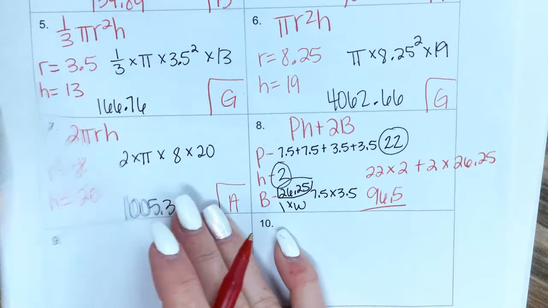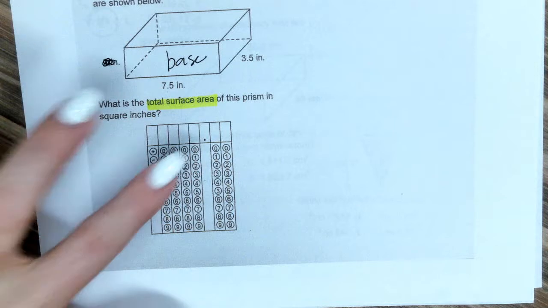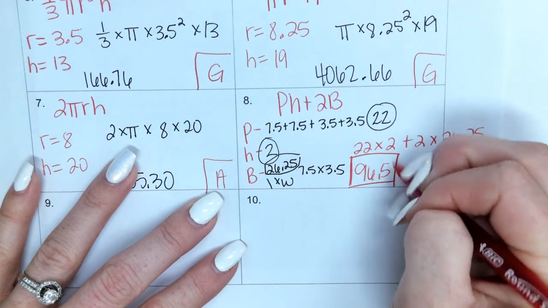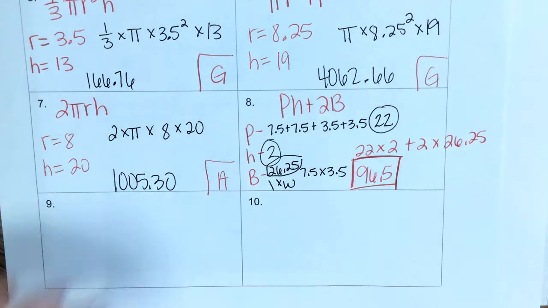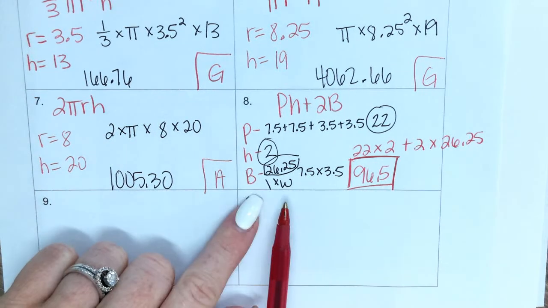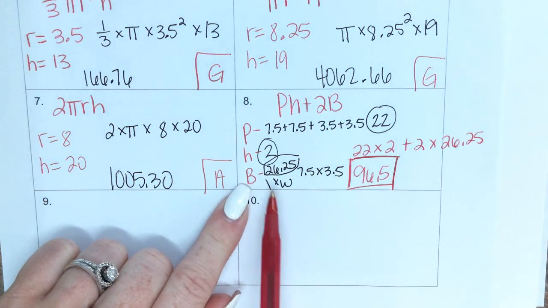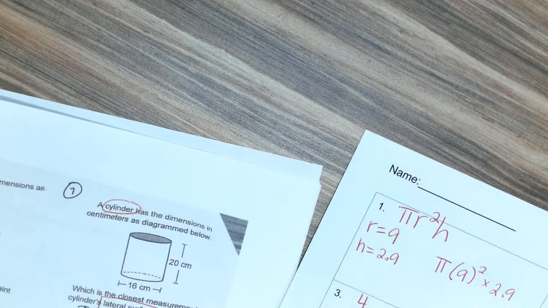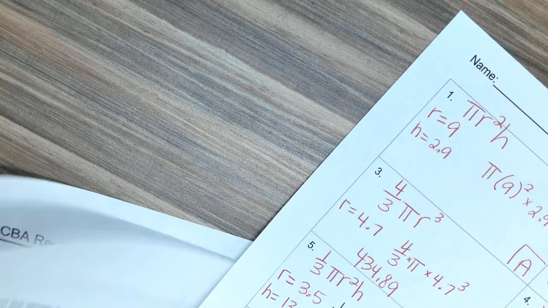So which answer is closest to that? Oh, it's griddable, right? So I leave it 96.5. Are y'all good with on the B, you only multiply length times width for rectangles? Are we okay? All right, number 9.